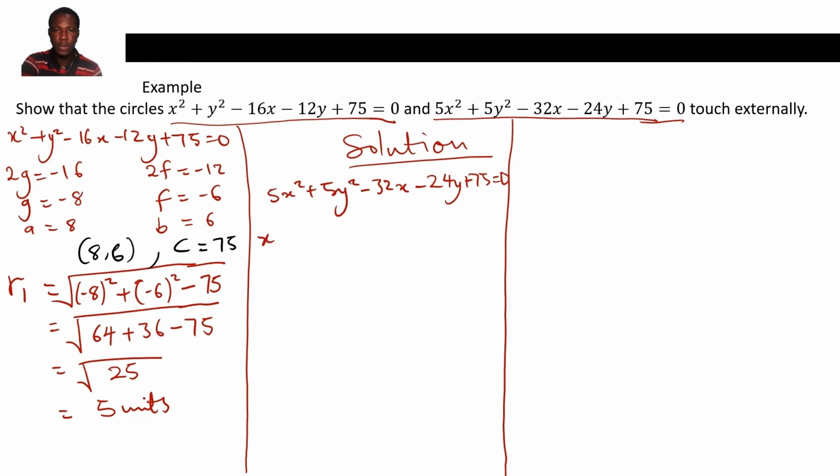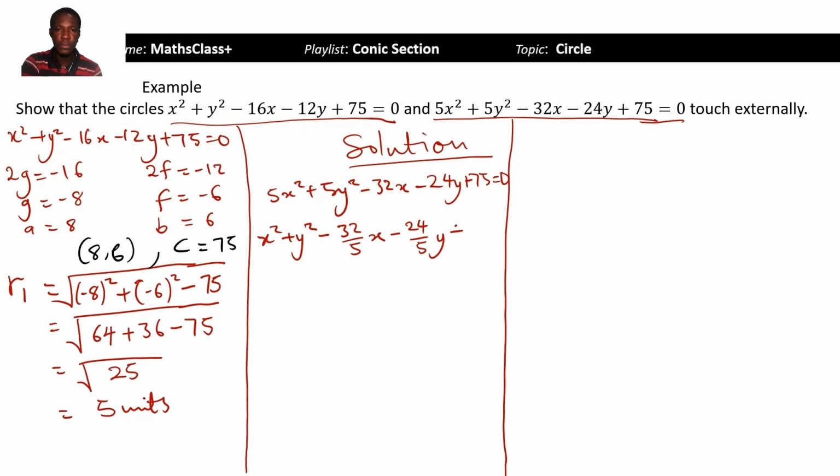That will give us x squared plus y squared minus 32 over 5 x minus 24 over 5 y plus 75 over 5, that will be 15, is equal to 0.